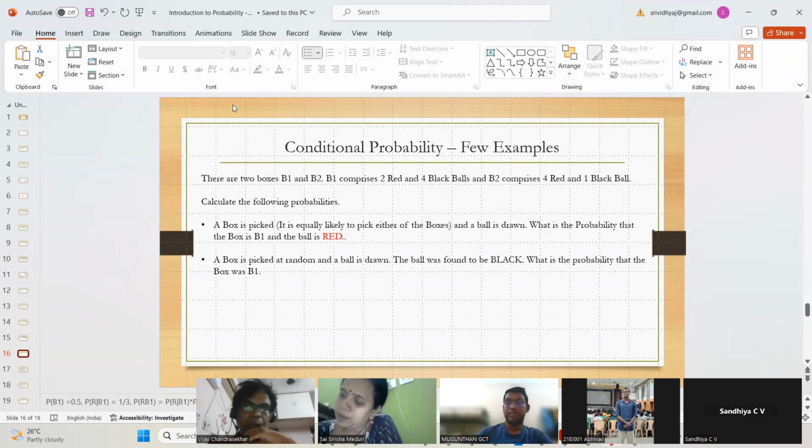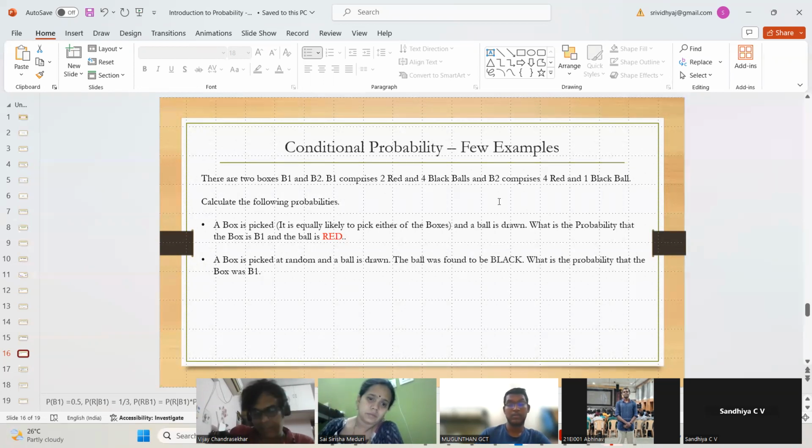So when you calculated the probability of 2 by 6, what were we doing here? You had already decided that you had picked the box B1, and then you are picking the ball. So it's conditional on choosing the box B1, right?